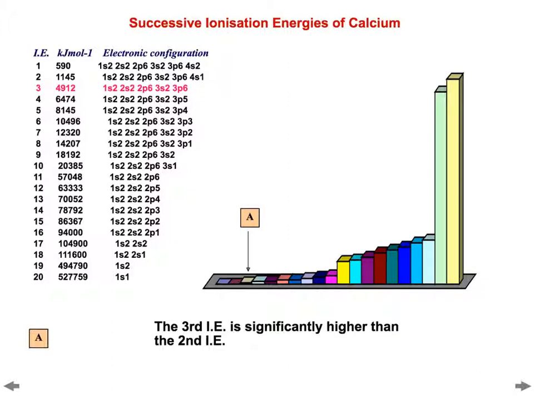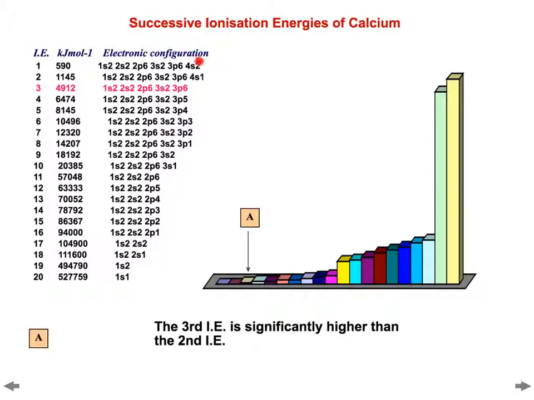What you might notice is there are these large jumps. For example, removing the first electron takes 590 kilojoules per mole. Removing the second one is double, but removing the third one is a lot more than double. That's almost 5 times. So what's going on here? Well, if you look at the electronic configuration, you can see that the first 2 electrons were removed from the 4s subshell.